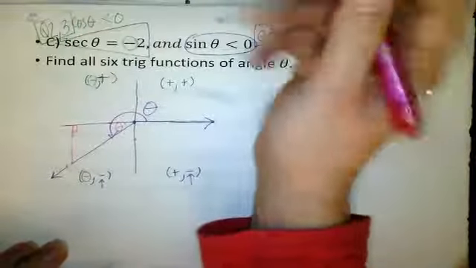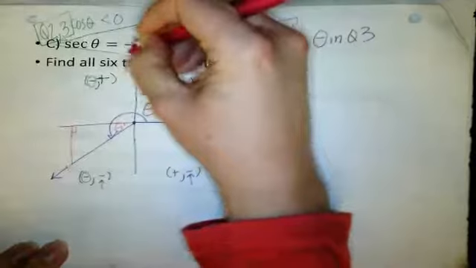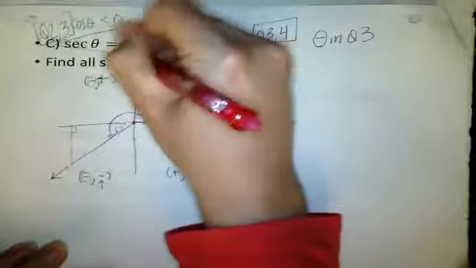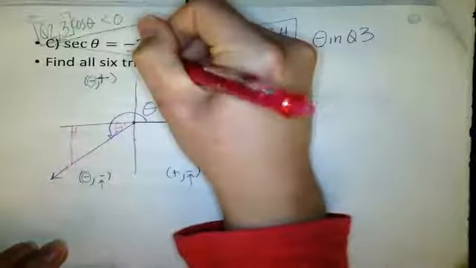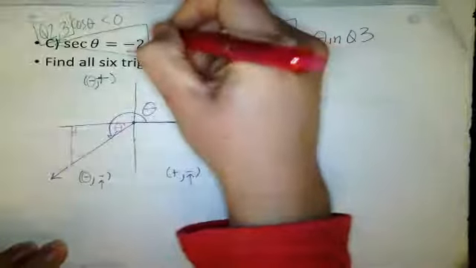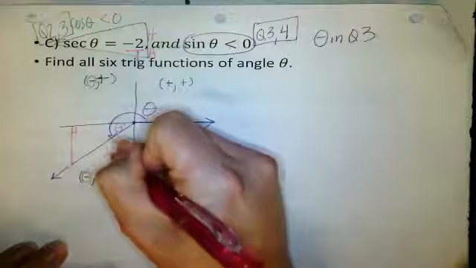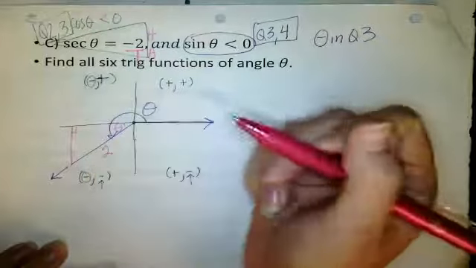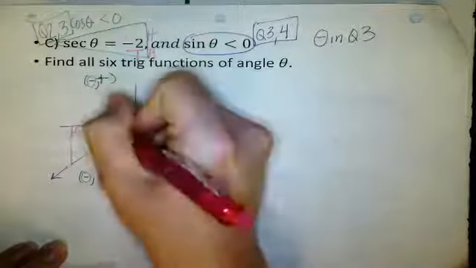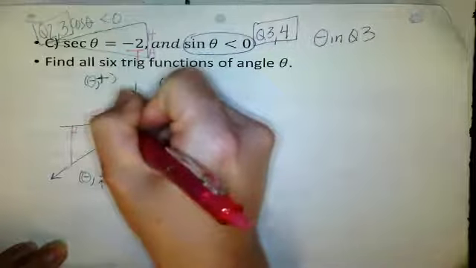Secant is hypotenuse over adjacent. I only see hypotenuse here. 1. Very good. So turn it into a fraction. Hypotenuse over adjacent. Now, my hypotenuse, can it be -2? No. So the adjacent side is going to be -1.